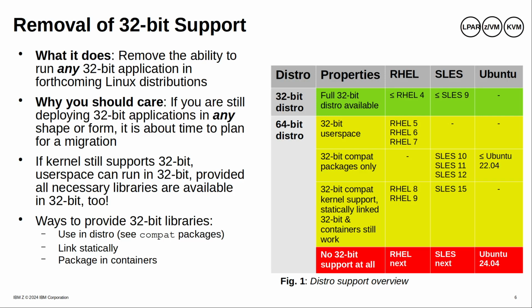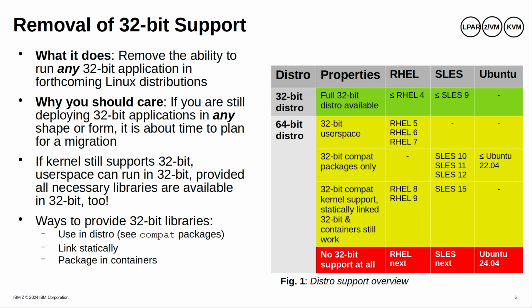This means that if you think your statically linked applications, which bring their own runtime along, will still work, this will not be the case anymore, because we removed the 32-bit support in the Linux kernel as shipped by the respective Linux distributions. So if you have a statically linked application, try to run it on Ubuntu 24.04.